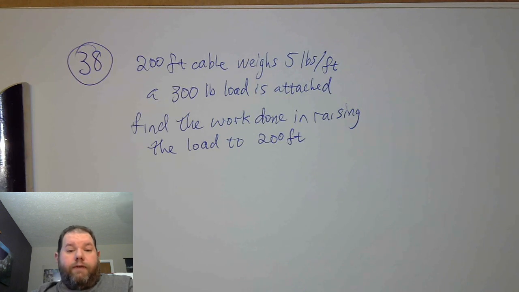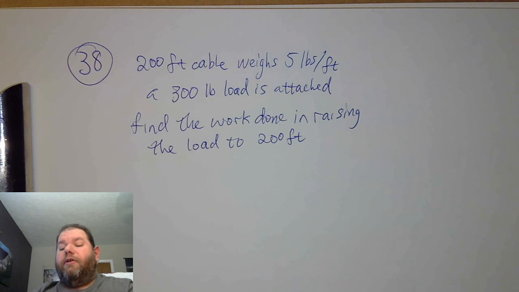Now, our force function is based on two elements in this case, because the weight that's attached to the winch is based on the cable itself, which has its own weight of 5 pounds per foot, and the load that is attached to it at the bottom.